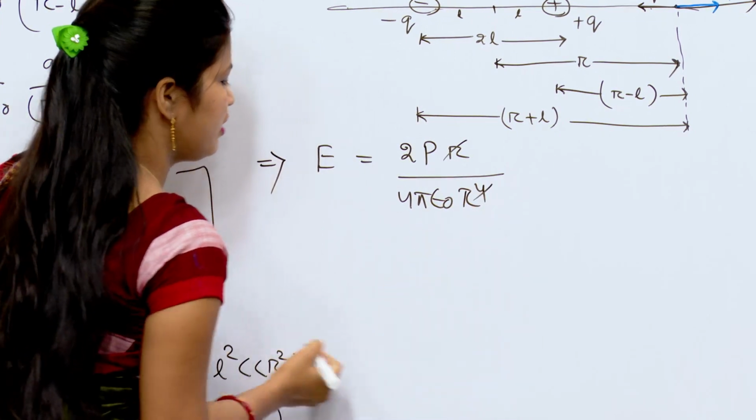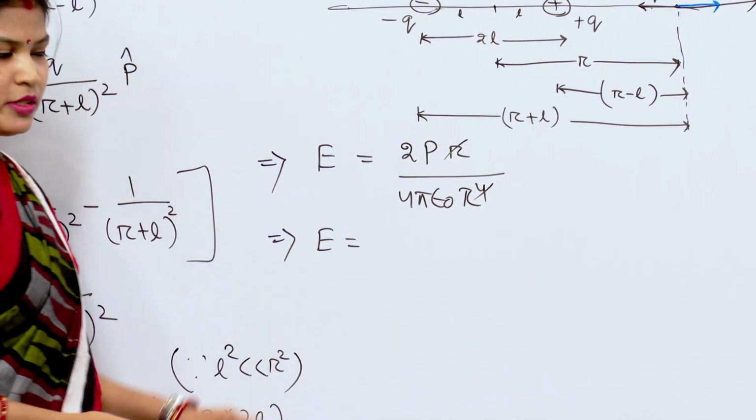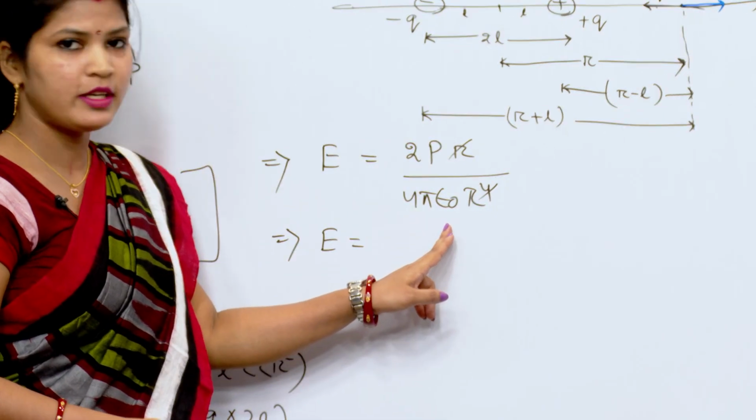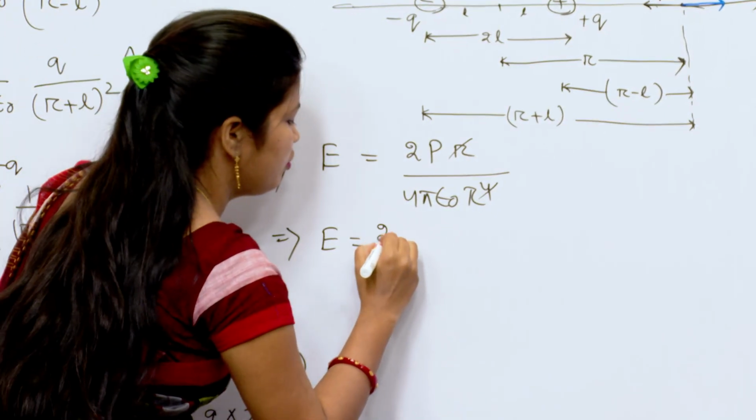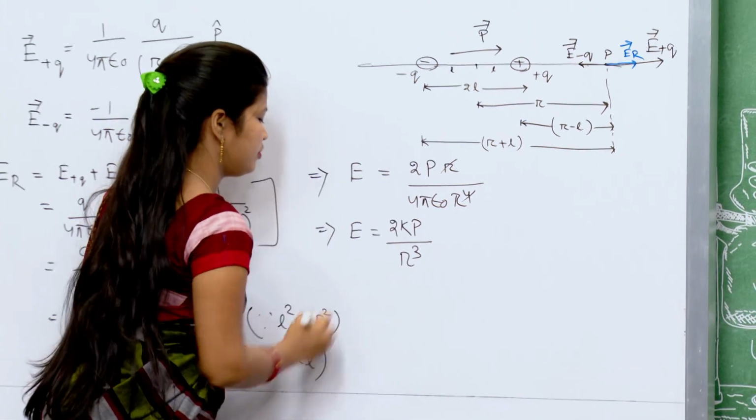So, r cancelled. So, E is equal to 1 upon 4 pi epsilon naught, that is k, so 2 k p upon r cube.